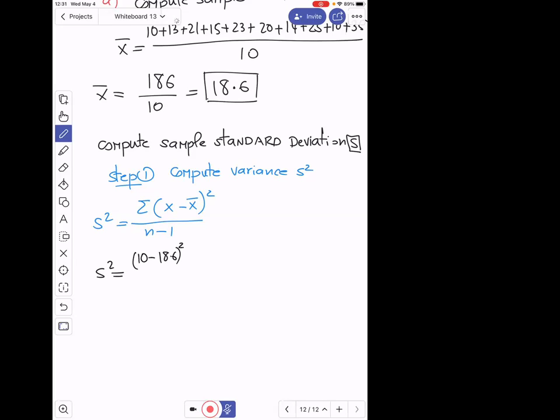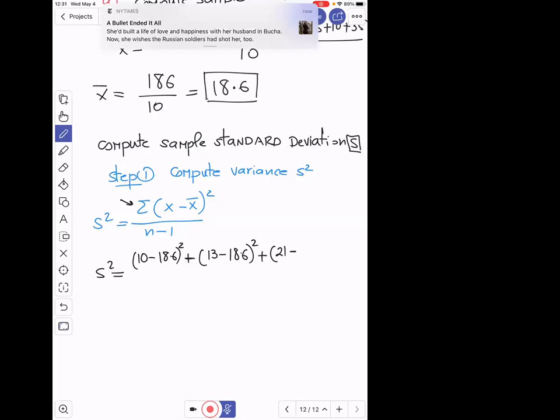So this is for 10. Do the same thing plus, so it's a summation because we have a sum. It's a plus, next value of X, it's 13, right? So 13 minus 18.6 square plus 21 minus 18.6 square.